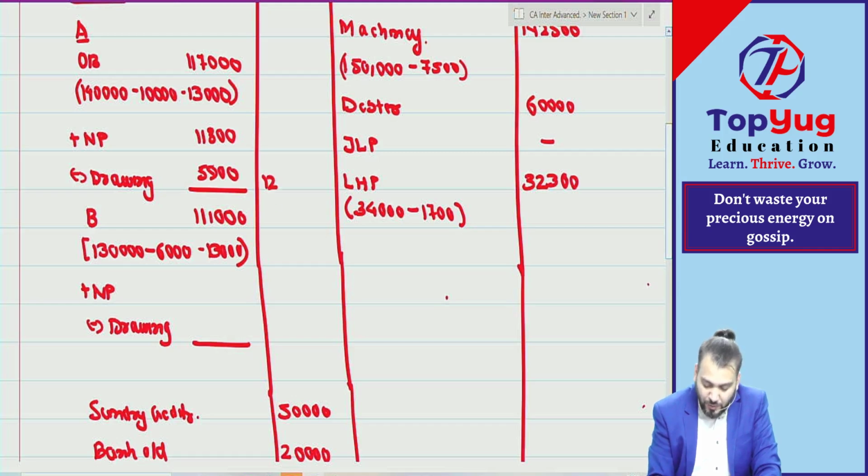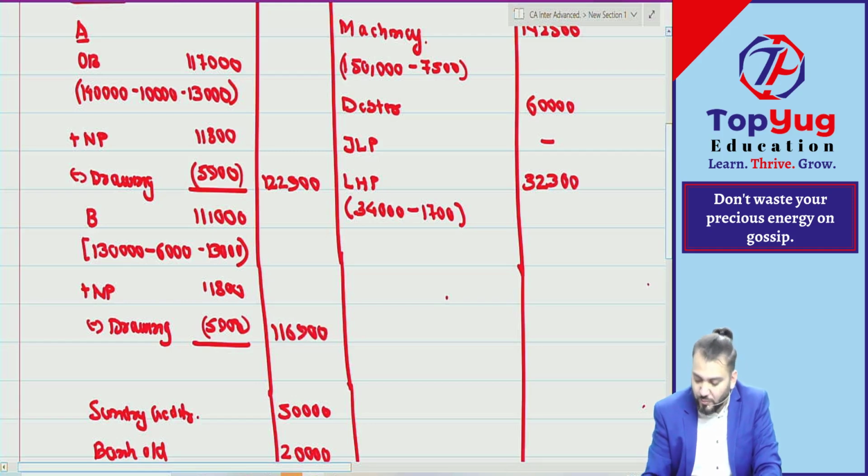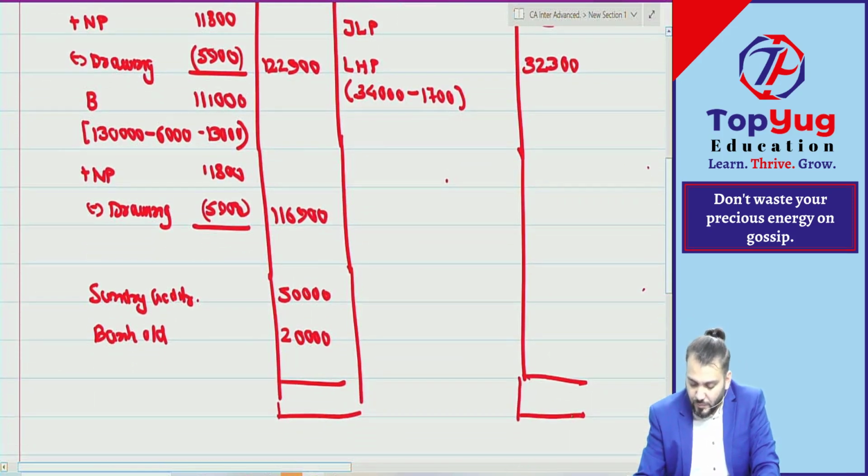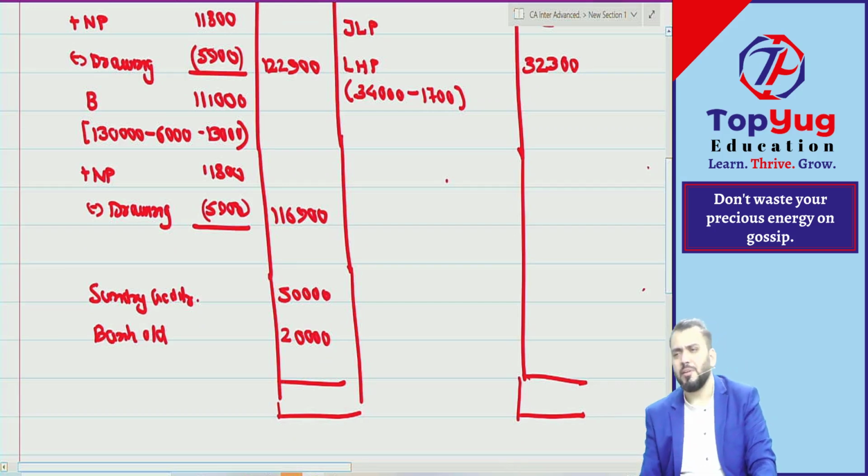It becomes 1,22,900. Similarly, here also 11,800 and 5,900. 1,16,900, and the balance sheet will tally. Understood? Now we can prepare realization account and partners capital account.